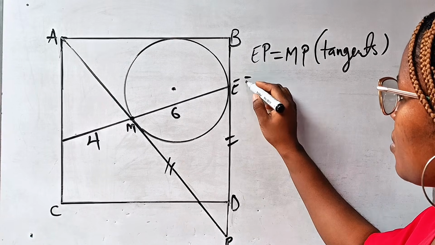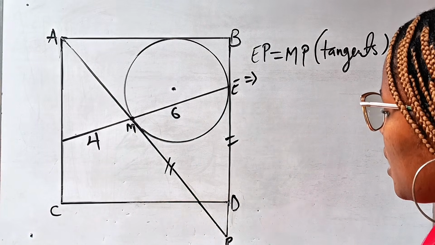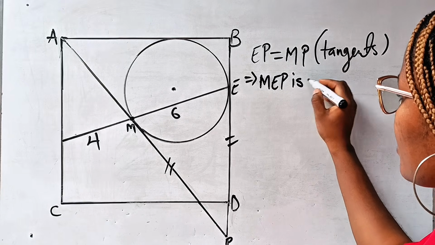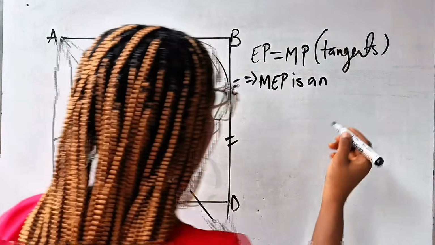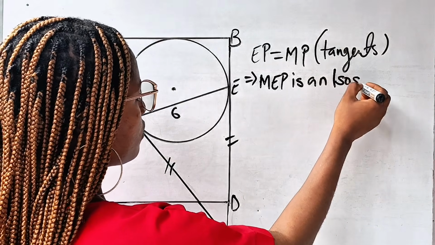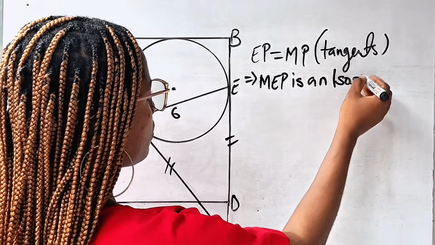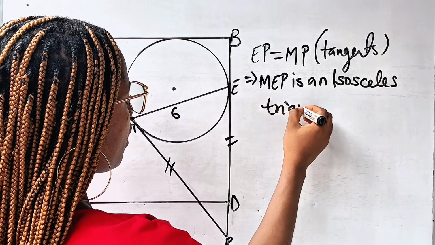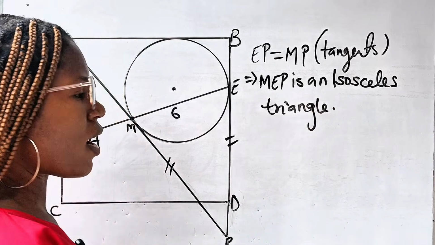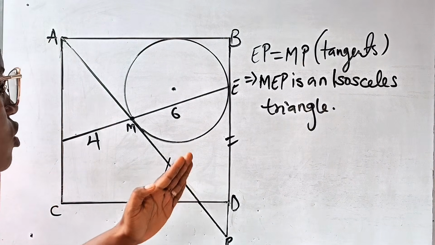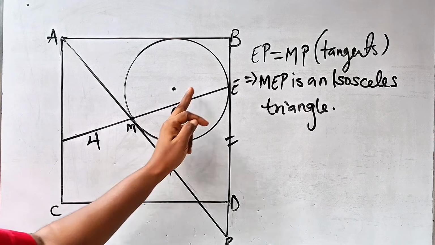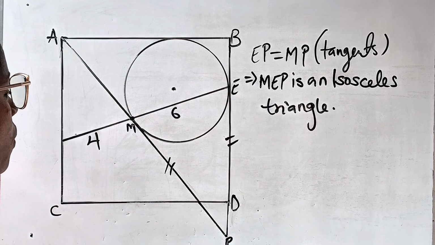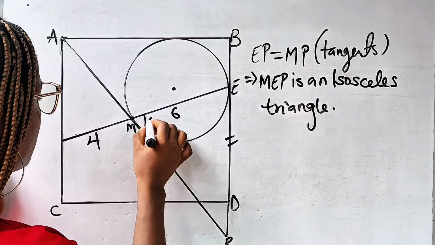Now, this implies that MEP is an isosceles triangle. And remember that for an isosceles triangle, the two base angles are equal. So this is our theta.